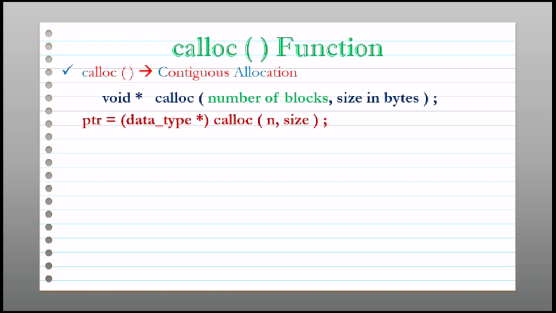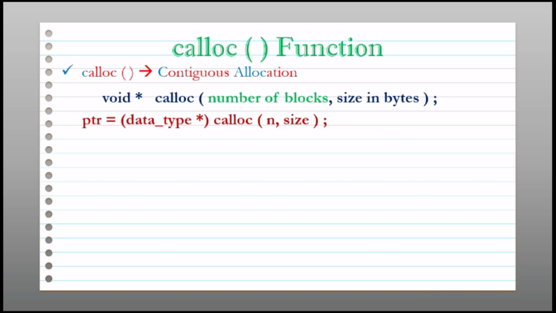Suppose we have created 10 bytes of blocks, then ptr will hold the address of the first byte of the first memory block. Calloc is the name of the function and in brackets n is the number of blocks we want in the memory and size is the number of bytes for each block we want to allocate.